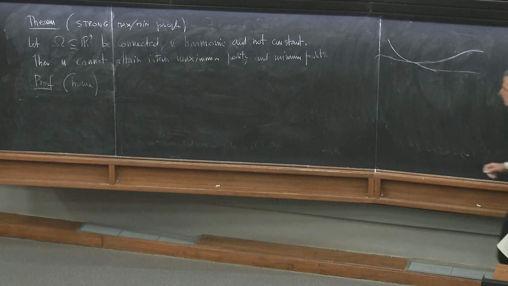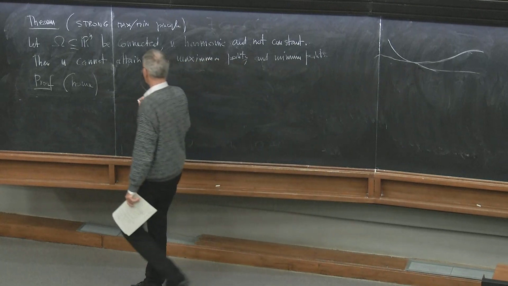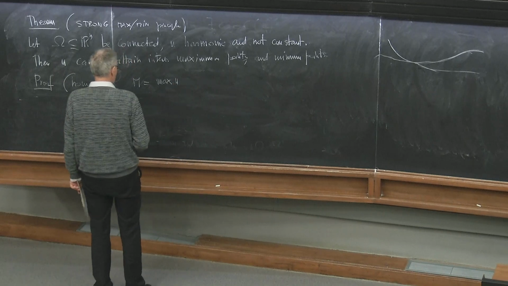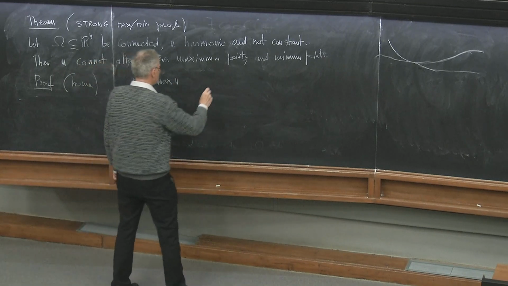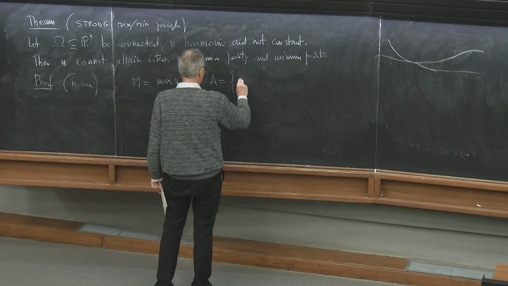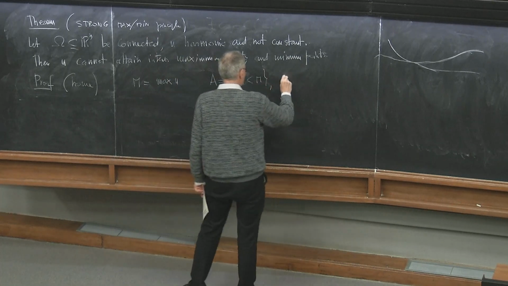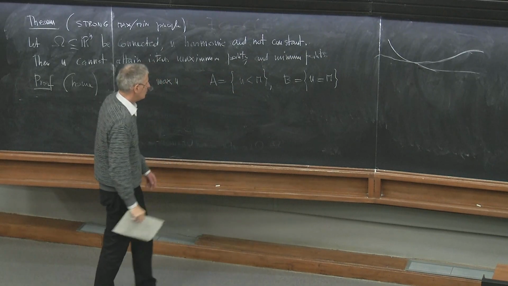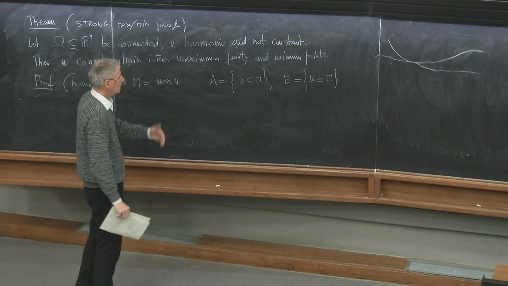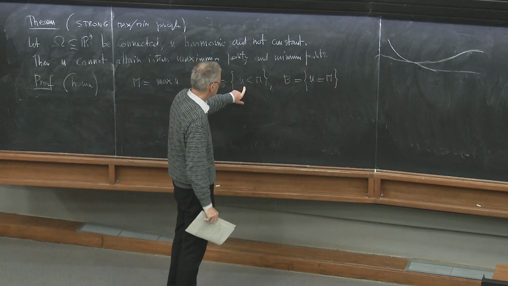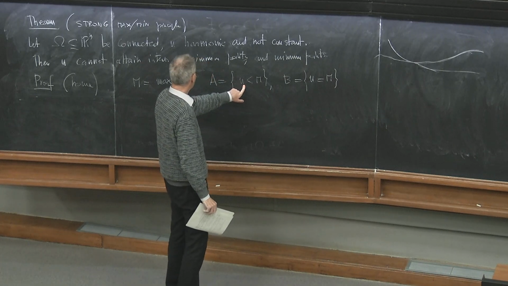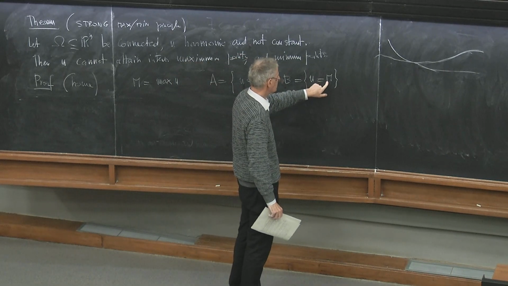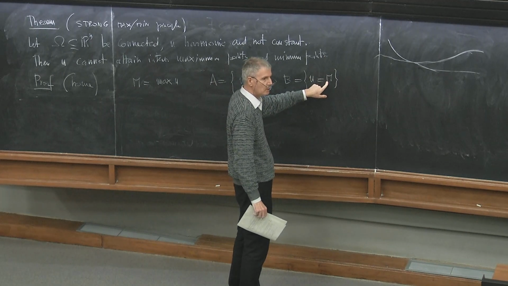So we remember the proof: call M the maximum value of U, and then consider the two sets, A and B, where U equal to M. We saw that these are non-empty. So this is open, easy; this is non-empty, easy, because U is not constant. This B is non-empty, easy, because it has an interior maximum.